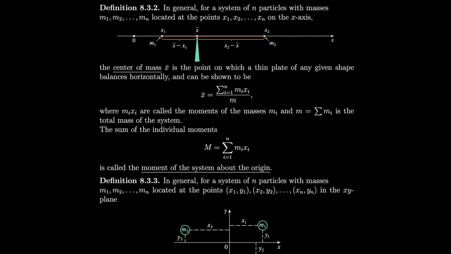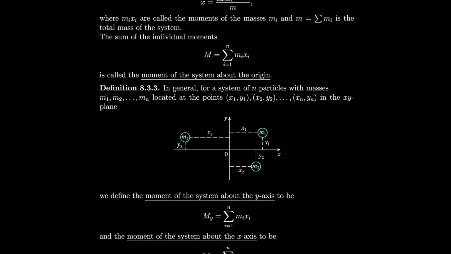So we say that mi xi are the moments of the masses mi, and m equals the sum of all of the masses, the total mass of the system. The sum of the individual moments is called the moment of the system about the origin. So this is the one-dimensional case where we just have one axis.